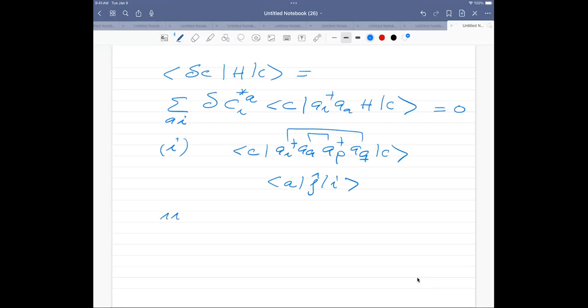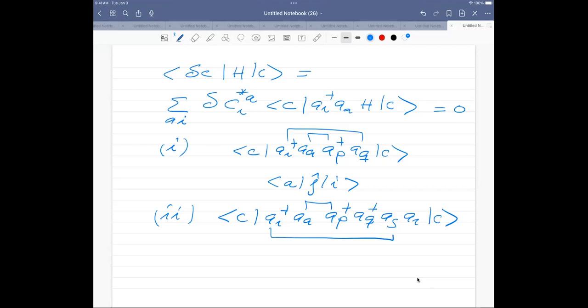And then we had the second term of C of a_I^† a_A, and then we had the two-body operator. So this is from the Hamiltonian here. And then we have the operators and C. And in this specific case, we can perform one of these contractions again. And this could contract with that one.